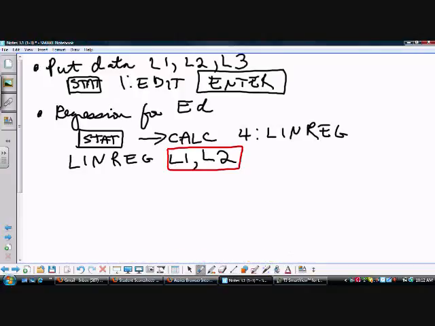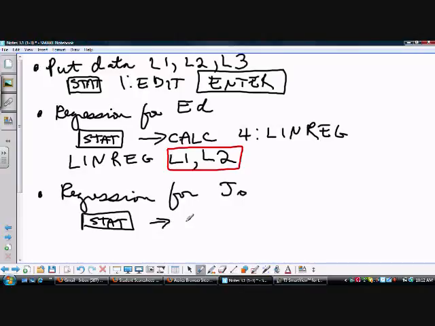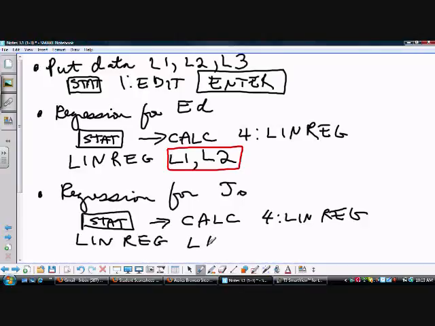Okay. Then we did the regression line for Joe, which was the same: stat, arrow over to calc, linreg. I should have just copied this down. But when that linreg came up, we did L1, comma L3.